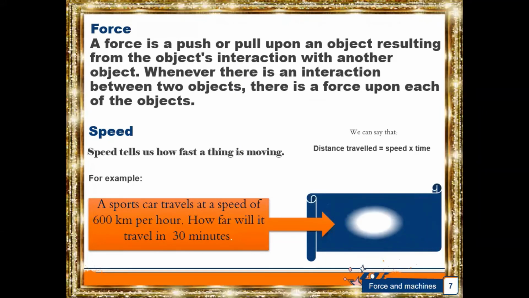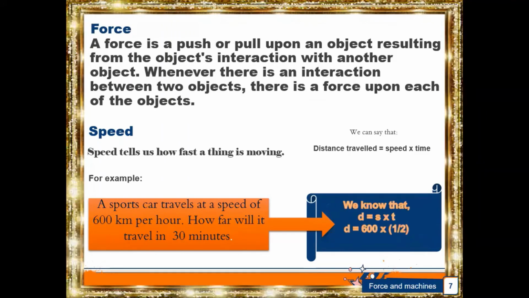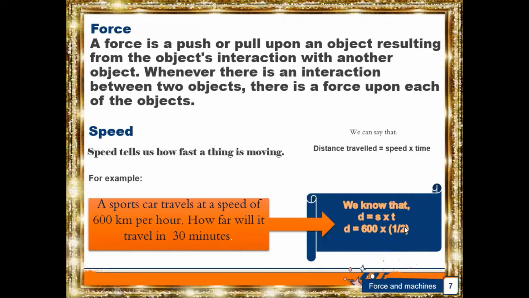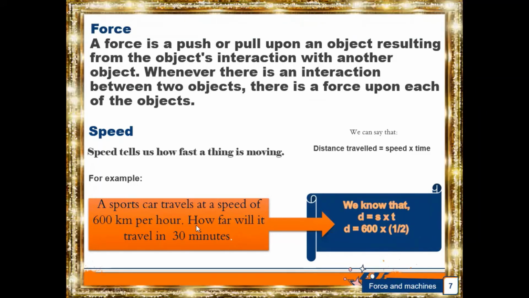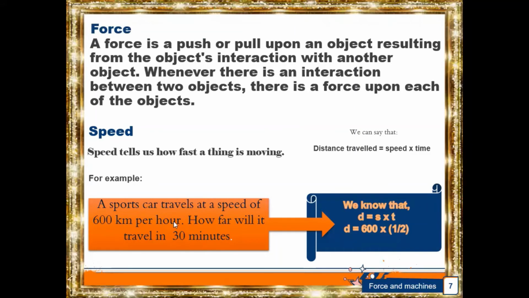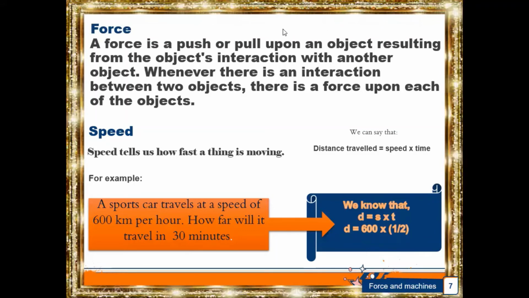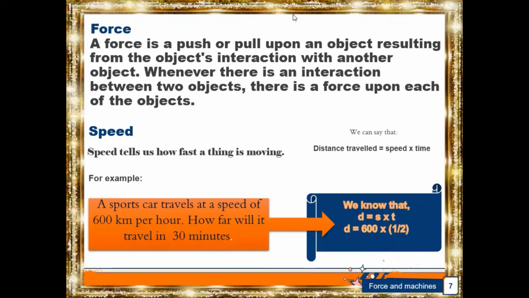So for that, we know that d is equal to s multiplied by t. So for s multiplied by t, don't confuse why I write this half. As you know, students, 30 minutes in hour, it is half an hour. So I just write the minutes in hours.